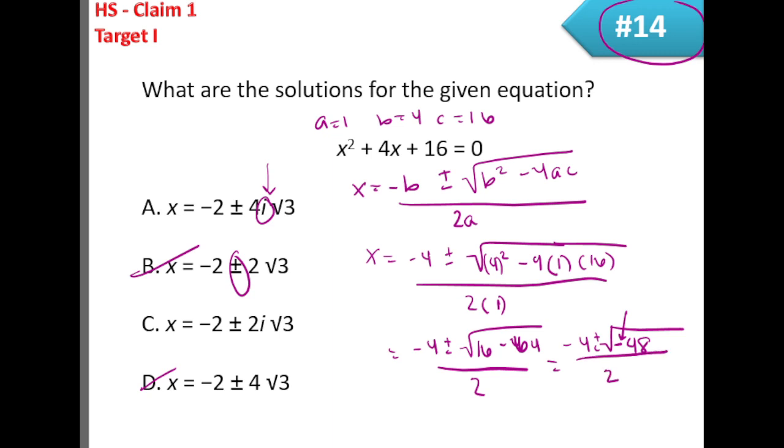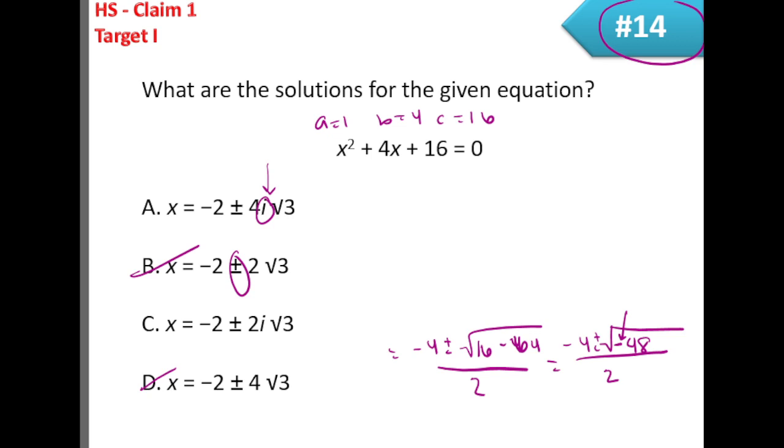Okay, we don't want the negative there, so let me free up some space up top here. I'm gonna go back up top. So negative 4 plus or minus, instead of the negative now, I'm gonna put i in the front, i square root of 48 over 2.